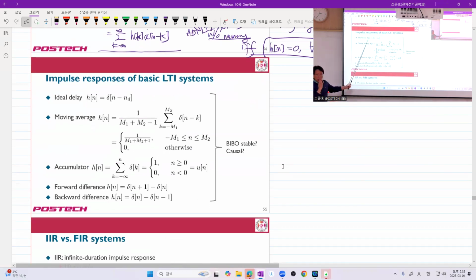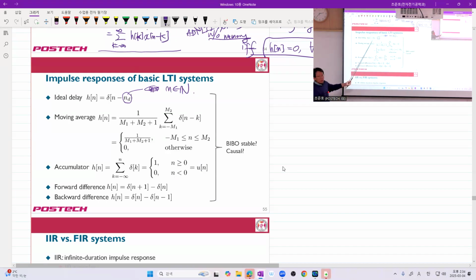What if the impulse response is delta of n minus some constant n sub d? Of course, this n sub d is, let's say, a positive integer. Then, since this is a positive integer, a natural number, it's a system with delay by n sub d. Got it?